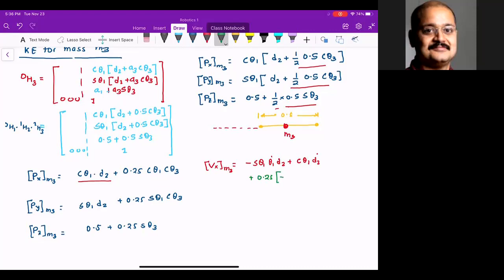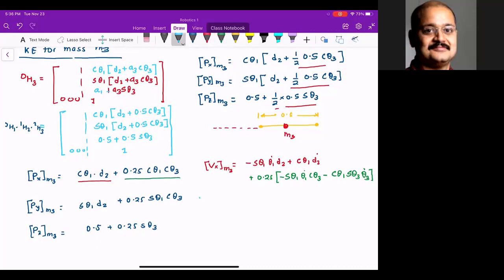Derivative of cosine theta is minus sine theta, theta 1 dot cosine theta 3, minus cosine theta 1 sine theta 3 dot. Are you with me? So this is the derivative of this guy.